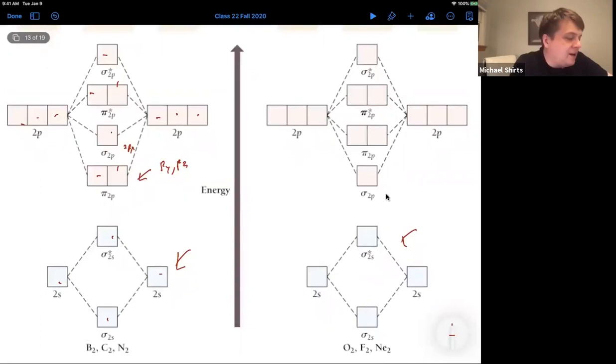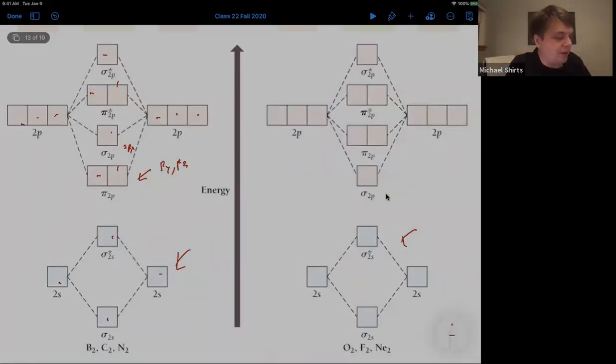And that is sort of confusing. Again, we're dealing with quantum mechanics here. Some of these subtle energy differences, you have to grind through and do all the calculations. This is just a representation of how they form. Generally, the 2s orbitals will be much lower in energy, but they're not totally lower in energy. There is some mixing between the 2s and 2p, and that's where this comes in.